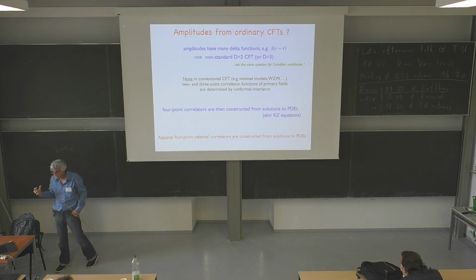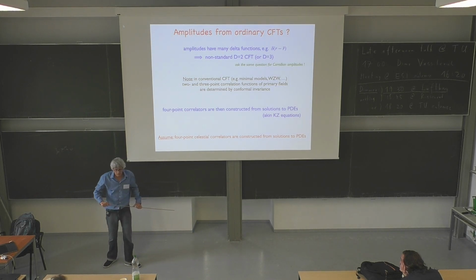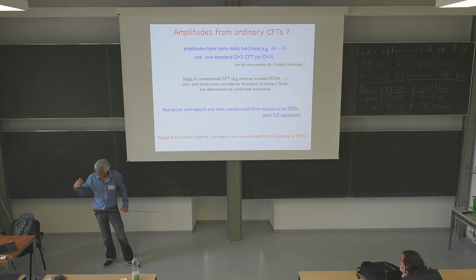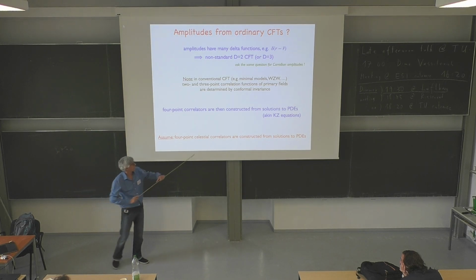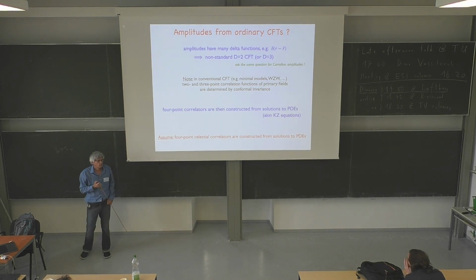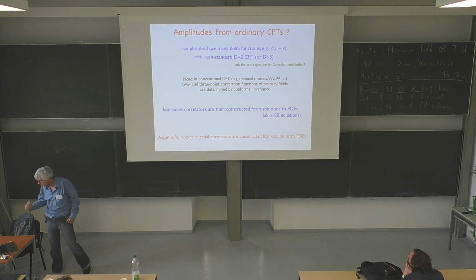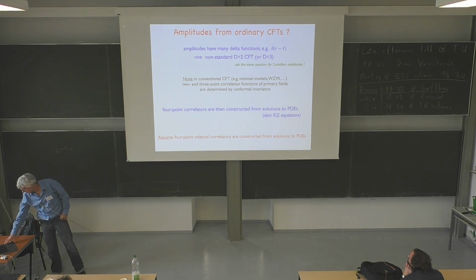So we would like to answer to what extent celestial amplitudes can be described or derived from KZ type equations. But I think one should ask the same question for the Carrollian amplitudes, if I want to proceed along this line, which gave interesting results for the celestial amplitudes.